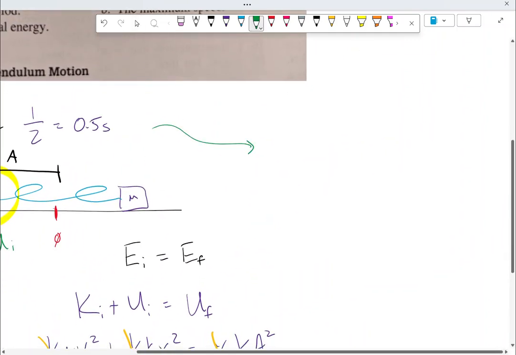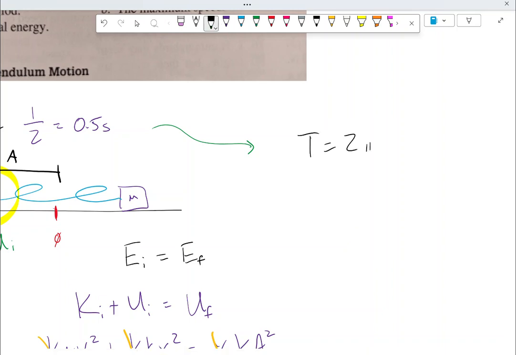From the period, one of the big equations that we got for oscillating spring mass systems is that the period is equal to 2 pi times the square root of the mass over the spring constant. So I can figure out what the spring constant is going to be.